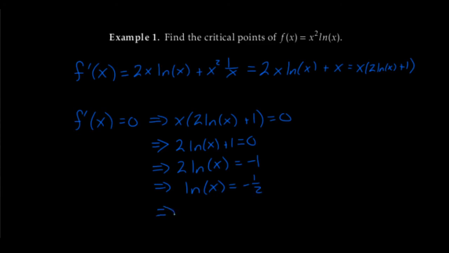Since e to the x is the inverse function of natural log of x, this says that x is equal to e to the negative 1/2, which, if you want, you could rewrite as 1 over the square root of e. And hey, there you go. You've got your final answer. That is the only critical point of f of x. Perfect.